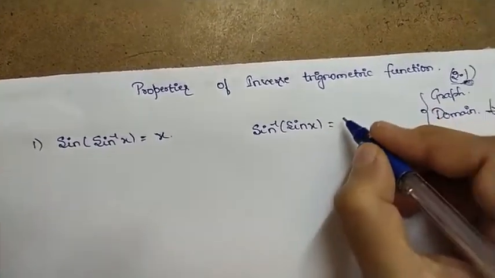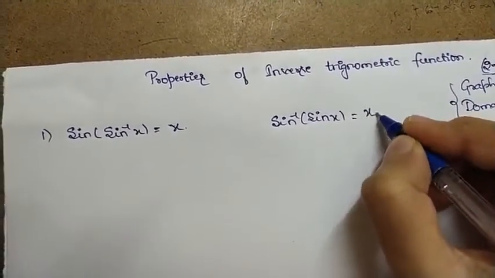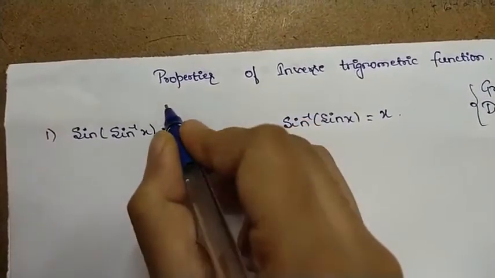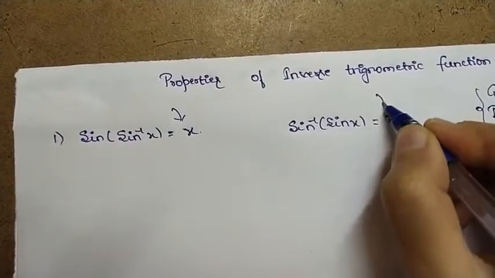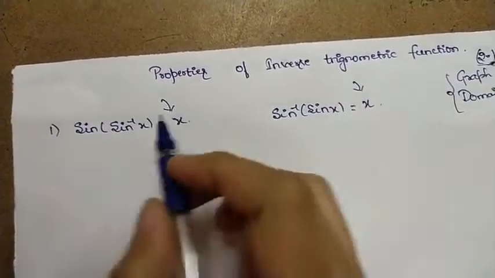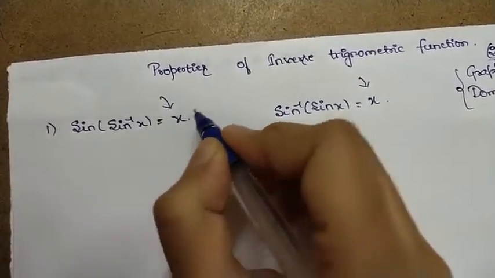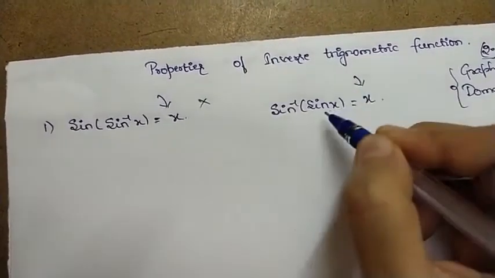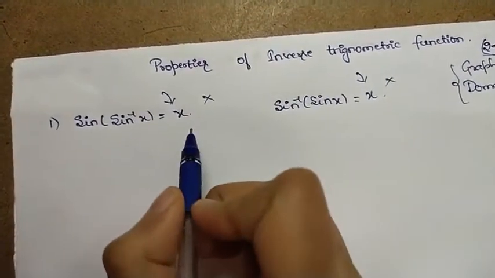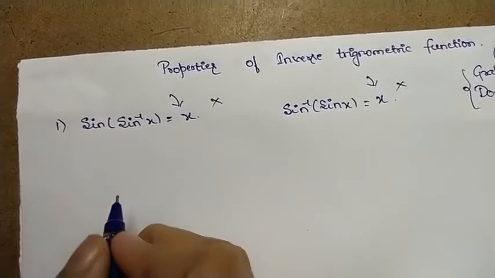Even here sine inverse of sine x is equal to x. But the question that arises is, what is x here and what is x here? Before mentioning what x is in both cases, writing it without conditions is wrong, and writing sine inverse of sine x equal to x without conditions is also wrong.